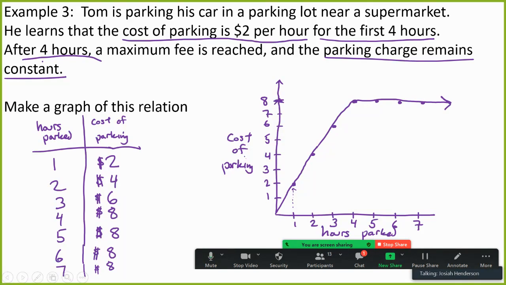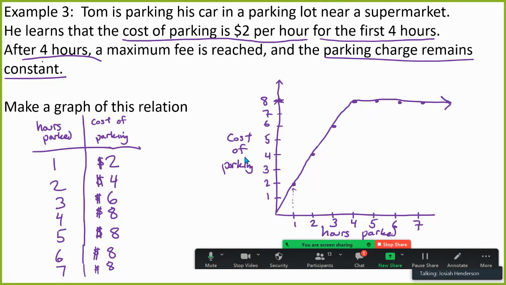Any other questions or concerns so far, please? Yes. With the table, I understand that we went to 8, but if we wanted to, could we have kept going? Of course, yes. Correct.